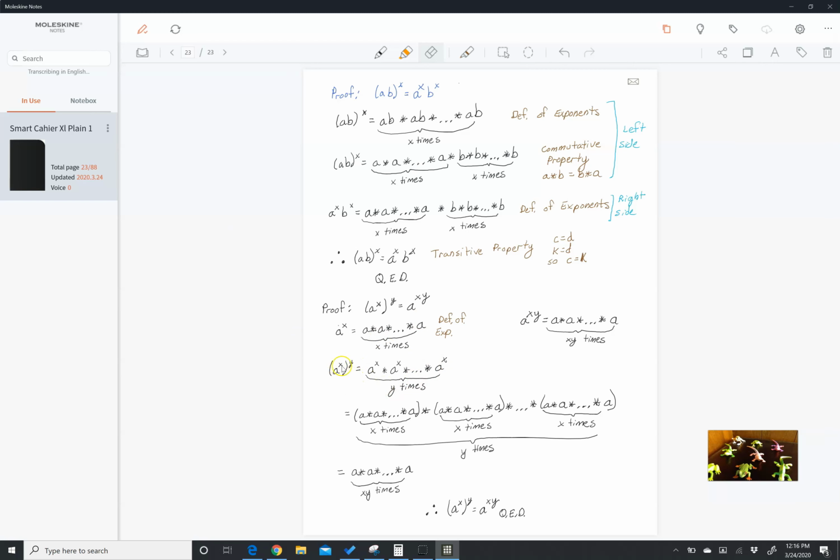We're rewriting a to the x y times because it's being raised to the power of y. Okay. This one is just definition of multiplication. Well, this one is not really a reason. All we did is we just expanded. Okay, we expanded the first and the second. This one is definition of multiplication.